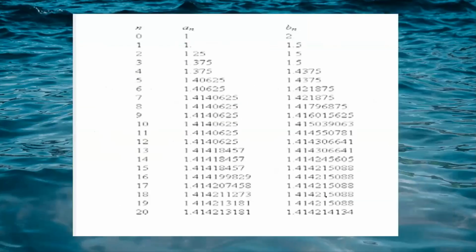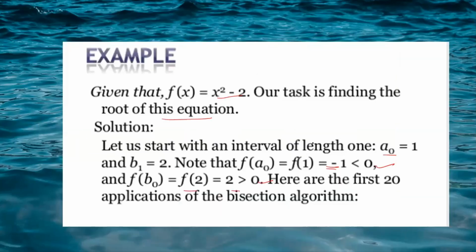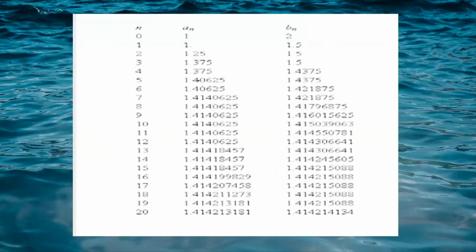See, I made a table here. We started with 1, 2. First, this is iterations. A is 1, B is equal to 2. Then 1 plus 2 by 2. Your x naught is 1 plus 2 by 2, that is 1.5. Immediately you have to find out what is f of 1.5.